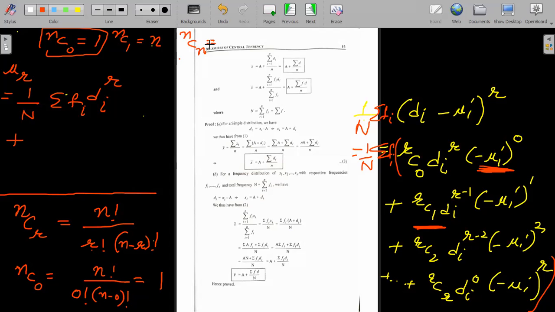Again 1, the reason being, I'll tell you: nCr is always equal to nC(n minus r). Do you remember this?